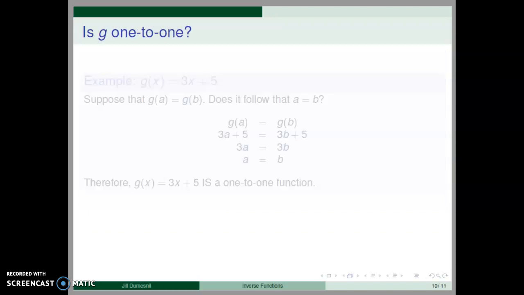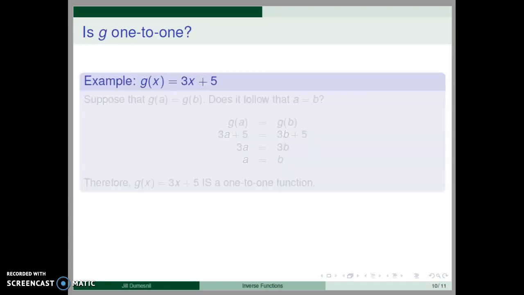Let's consider another example. Is g of x equal 3x plus 5 one-to-one? Again, let's conduct the algebraic test. Suppose that g of a equal g of b, that is, that we have the same or equal outputs. Then by definition of g, 3a plus 5 will equal 3b plus 5.